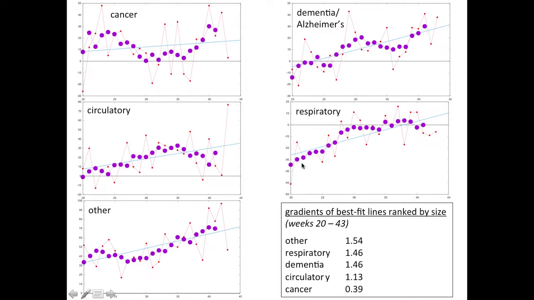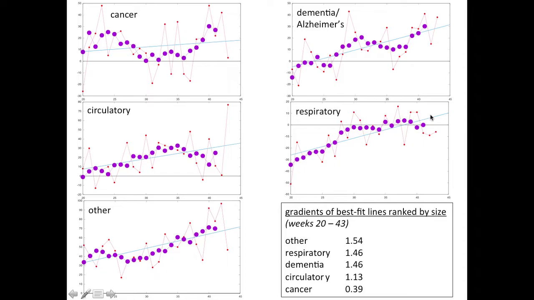Perhaps with respiratory, we remarked in the last update video that this actually is relatively strongly negative. And that's because we would think that many of the COVID deaths would have been in patients with lung disease, and therefore non-COVID deaths from respiratory illness would be suppressed in this period, and that's what we see here.